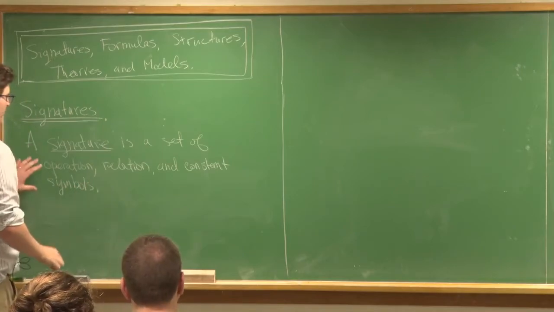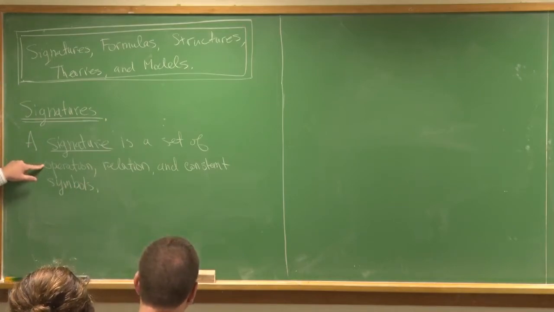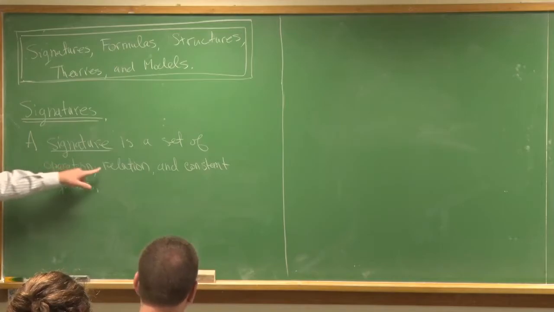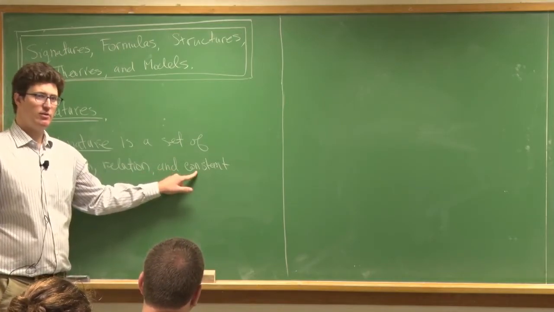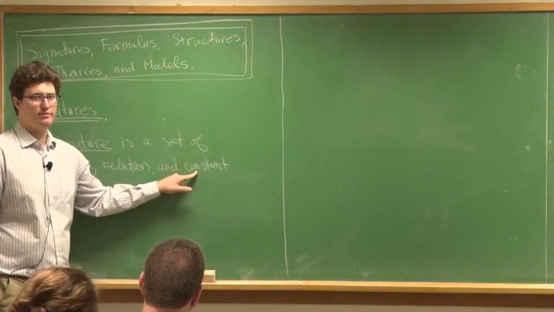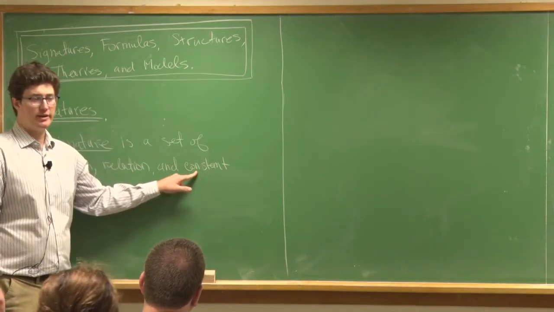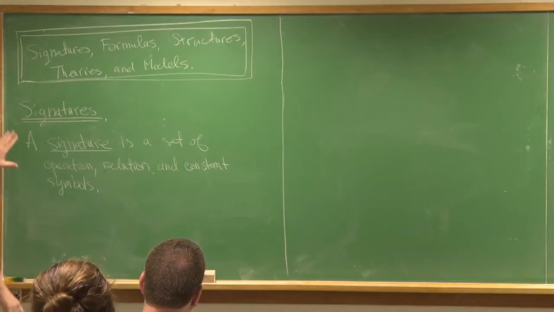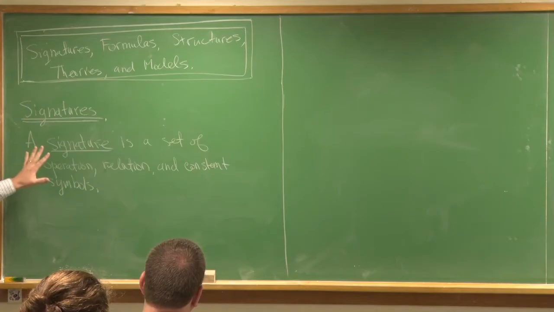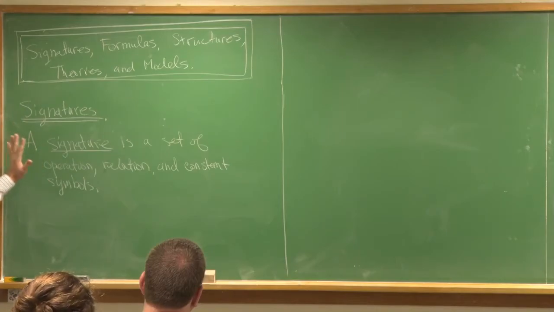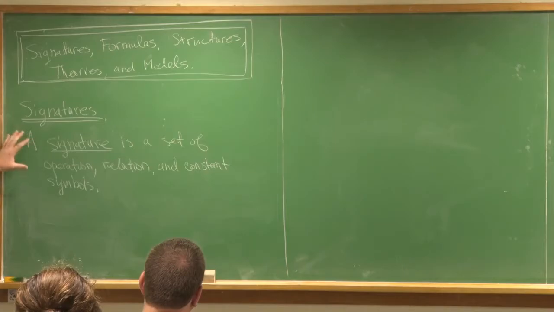For example, it could be a multiplication, or it could be an inequality, or it could be the group identity, or the identity for multiplication in a ring. So it's the collection of things that we use to build the mathematical formulas that we're going to use.